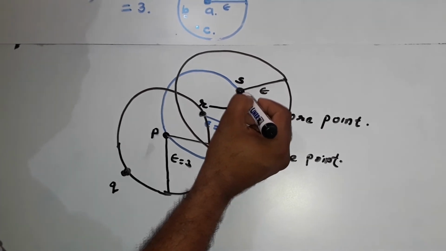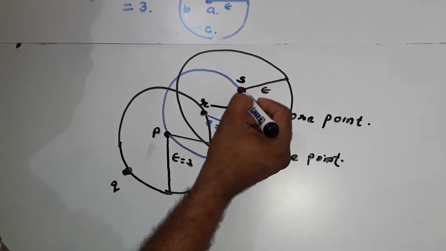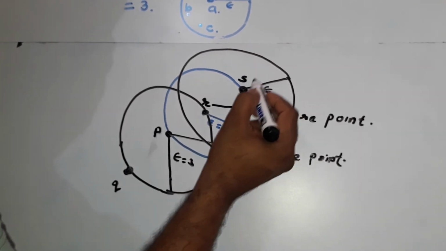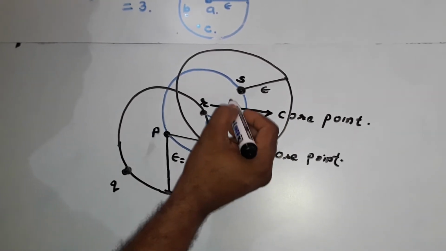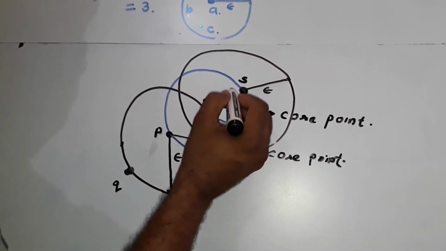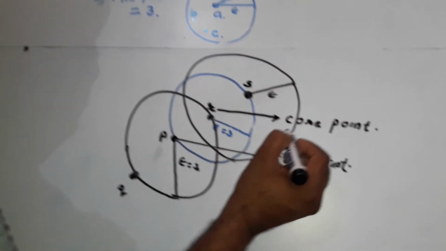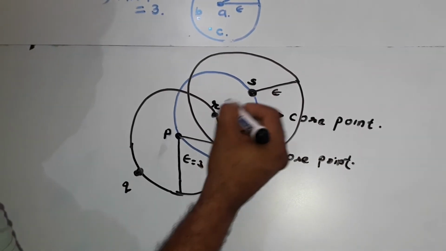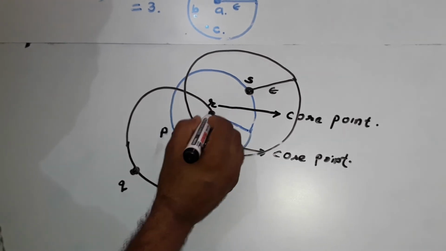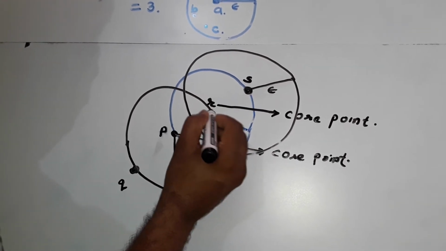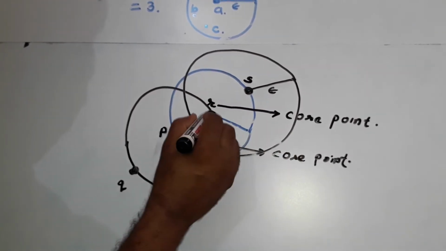So how do I call S a boundary point? The condition is that at least one data point, out of the 2 within the vicinity, should be a core point.